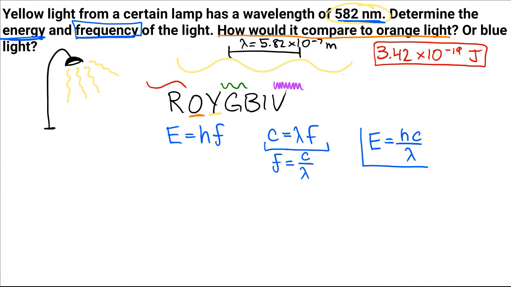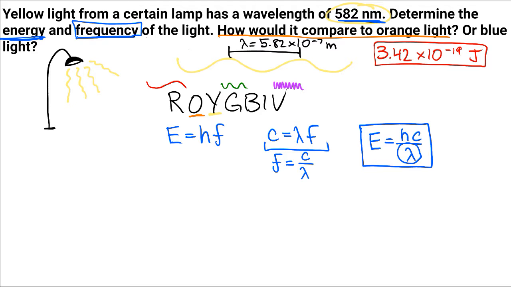For this first piece, we're going to look at the energy comparison. Because the wavelength of orange light is longer than the wavelength of yellow light, we have a larger denominator. Because the wavelength of orange light is longer or larger than yellow light, it would actually have less energy.